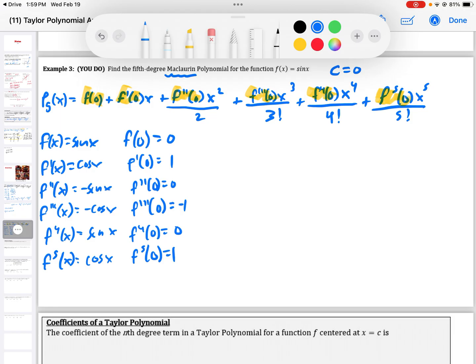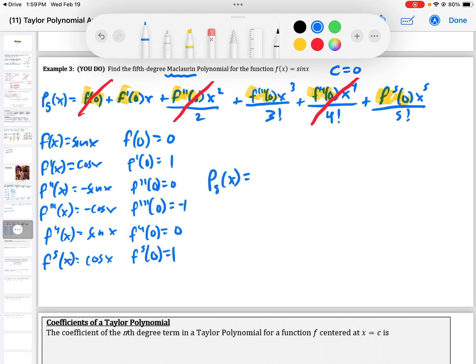And you're probably going to see this pattern and realize when f of 0 is 0, that term is just going to be gone. F double prime of 0 is 0, so that term is going to be gone. The fourth derivative is 0, so that term is going to be gone. So this one's pretty easy to write.